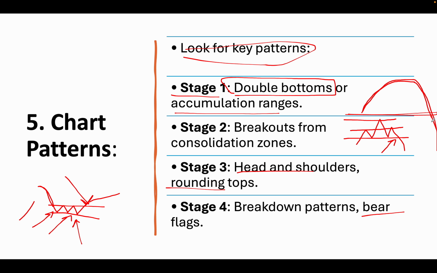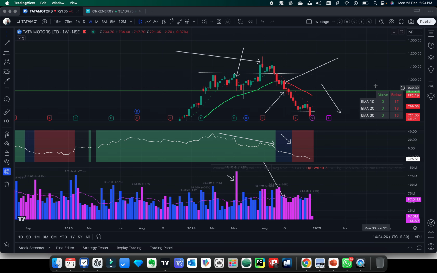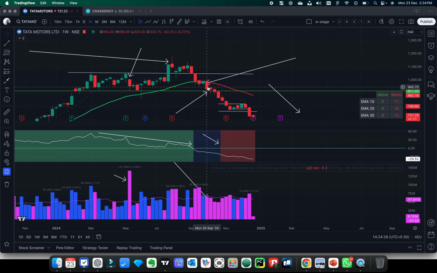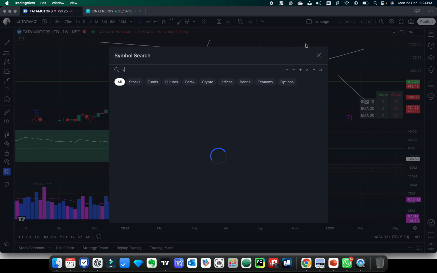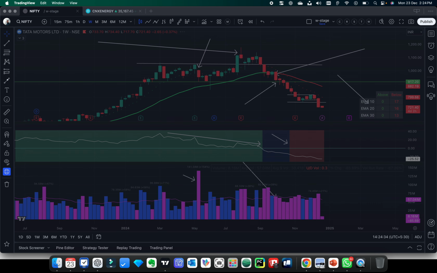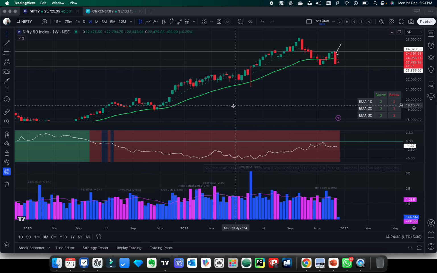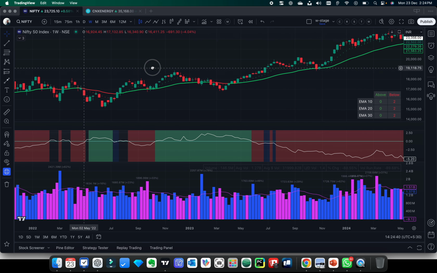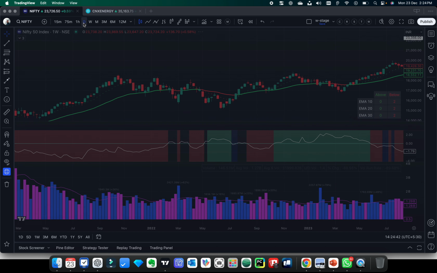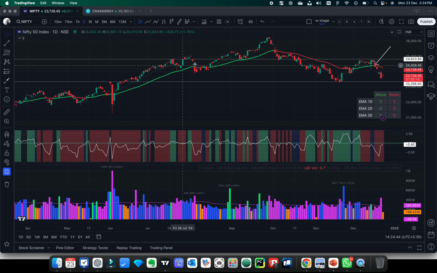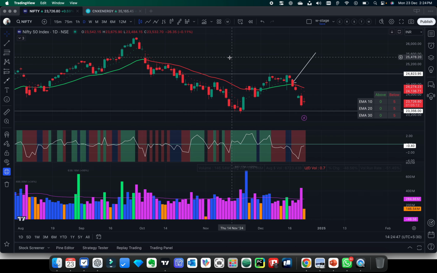Okay, so let us see this. See, this breakdown happened on a very big candle. Let me show you some other. So let me go to the daily time frame. See, breakdown happened here with huge volume.